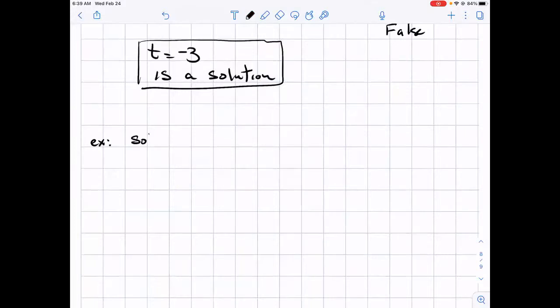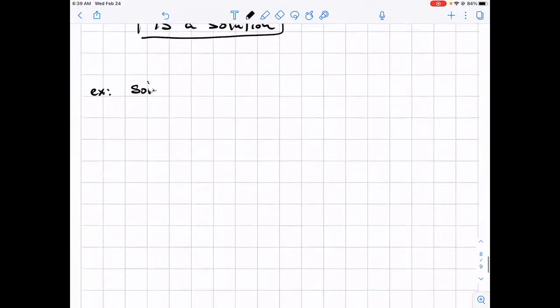Let's solve together the square root of x minus 3 equals the square root of x, and then minus 3 on the outside. So notice that on the left side, the x minus 3 is all under the radical. On the right side, only the x is under the radical.